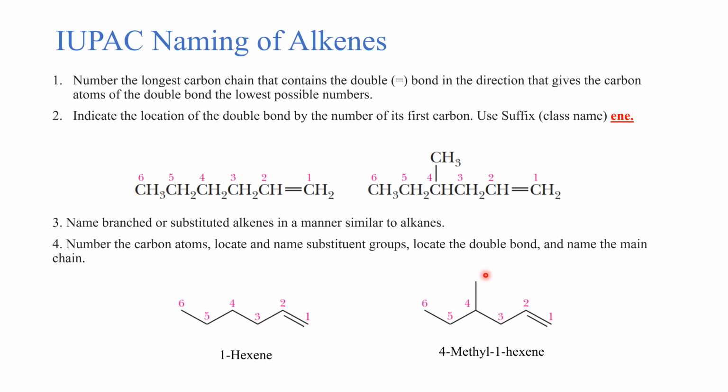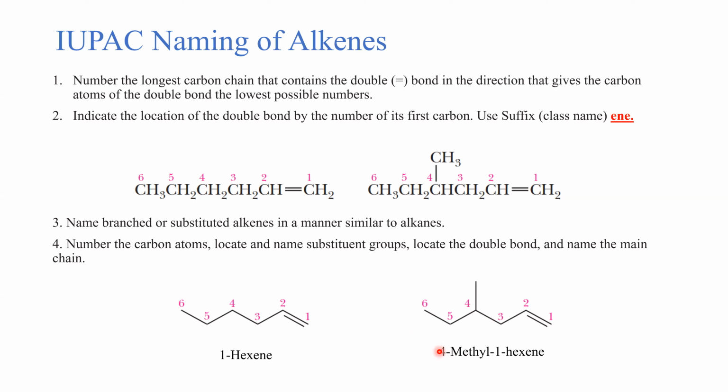Now we have to work on the prefix. This is a compound which is different from the previous one, which was 1-hexene. So there is another methyl group which is attached. So definitely that is another compound, and we have to name this compound according to that structure. Now this is a methyl, and that is attached at the 4th carbon of that 6-membered chain.